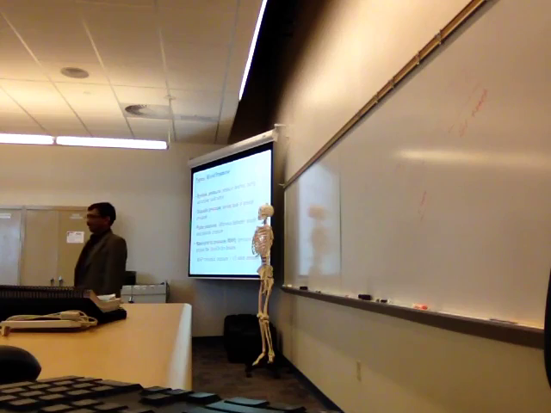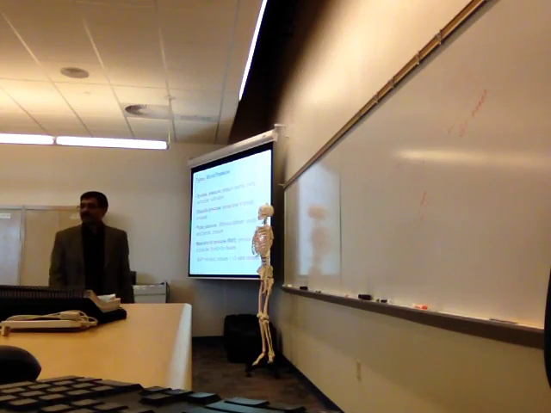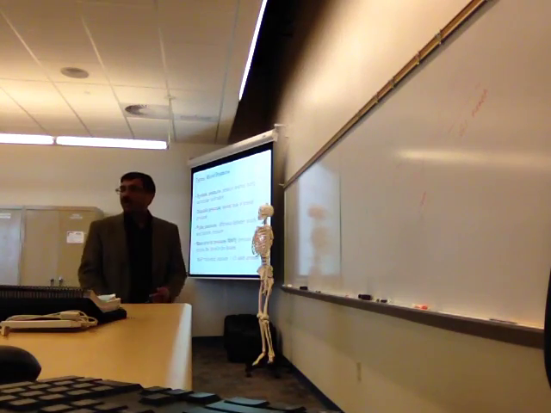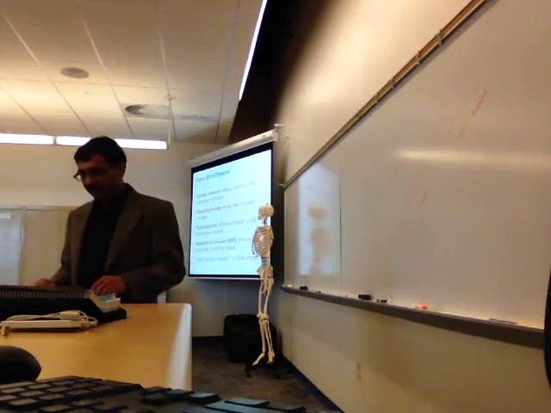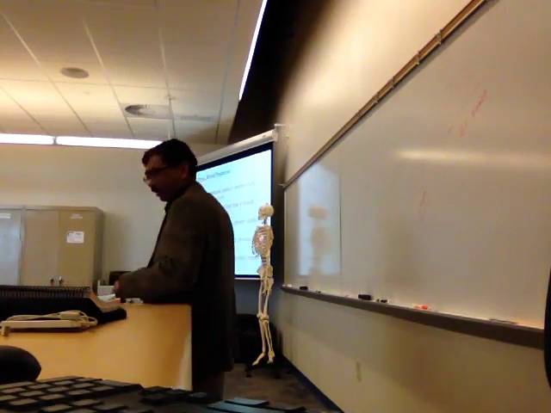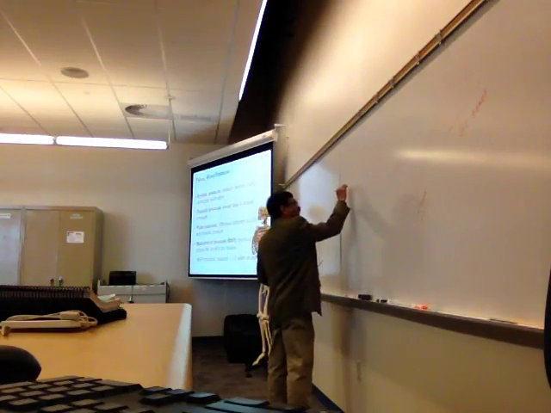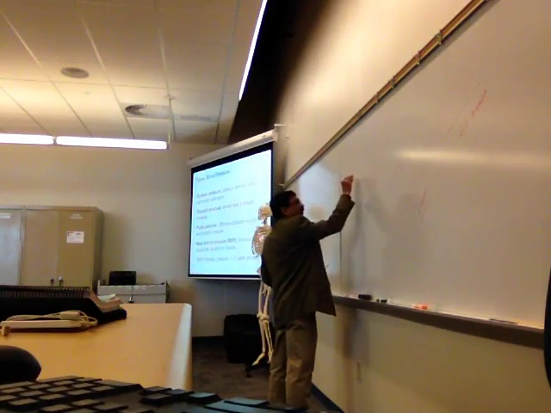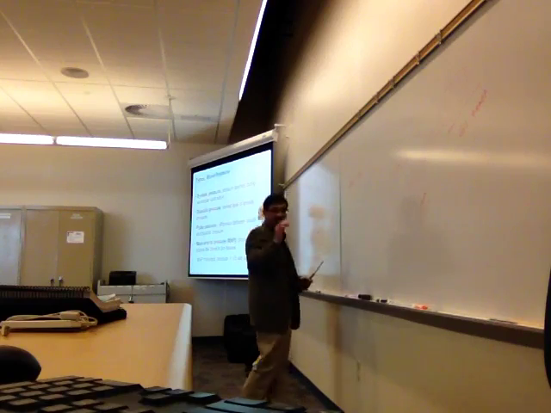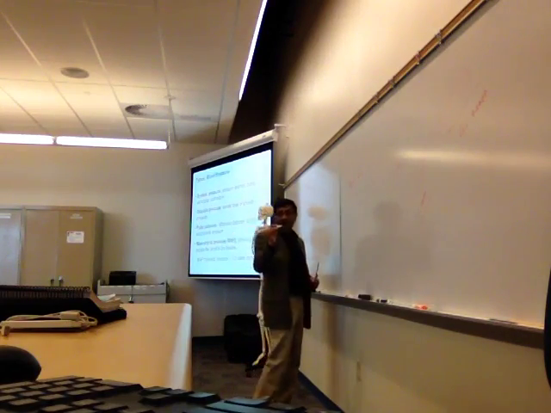Mean arterial pressure is diastolic pressure plus 1/3 of your pulse pressure. So now you tell me, your systolic is 120 millimeter of mercury. That's the unit of blood pressure, millimeter of mercury.